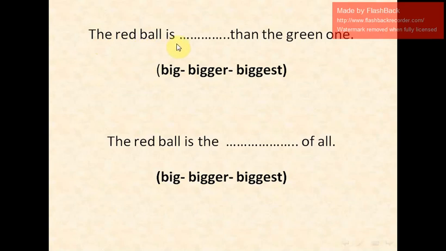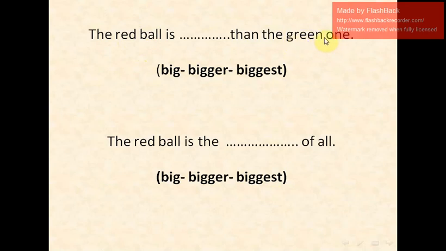So let's do some exercise here. The red ball is biggest than the green one. Now, to answer this question and to know the correct answer, you're gonna know, how many things are we comparing? The red ball, this is number one.